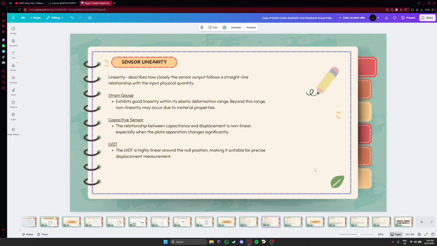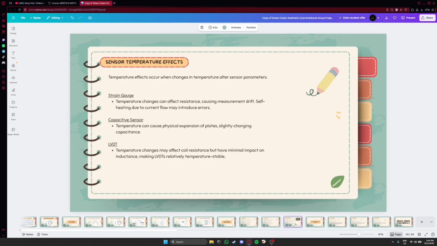And lastly, for task 4, the temperature effects. Temperature effects occur when changes in temperature alter the sensor parameters. For the strain gauge, temperature can affect resistance, causing measurement drift. Self-heating due to current flow may introduce error.